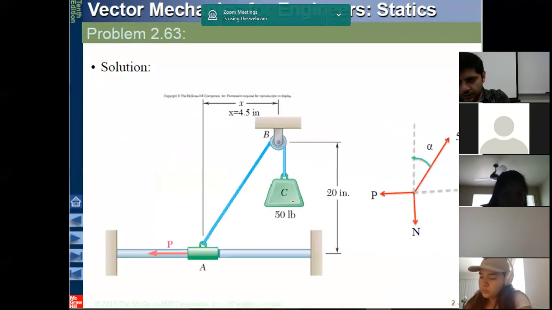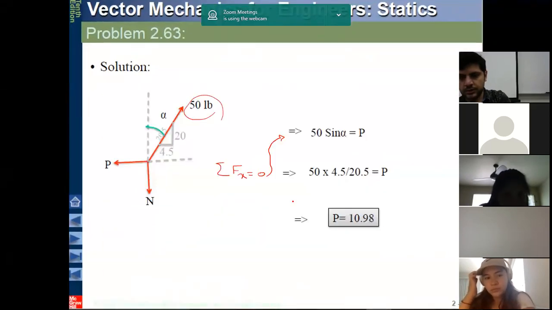I think you didn't need to determine the normal force in this question. So writing this one equation in the x direction is enough for this problem.